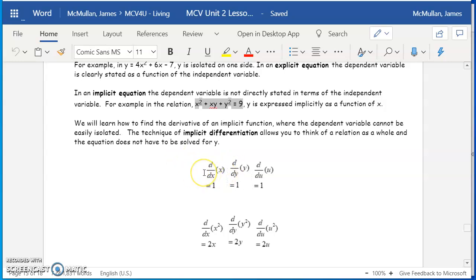Whatever's on the bottom is the variable you're asking about: how does the top change with respect to the bottom? So for example, dx/dx is equal to 1 because however you change x on the top, x on the bottom would change the same way and you get 1. For the same reason dy/dy is 1 and du/du is 1. How you change the top and how you change the bottom is identical, so their rate of change is 1.